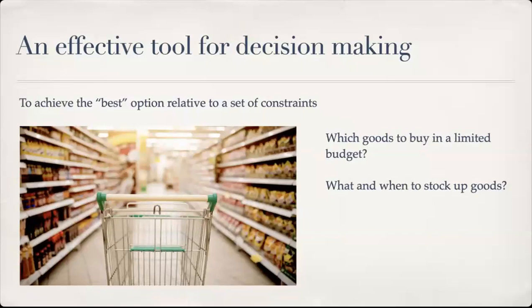To achieve the best option relative to a set of constraints, it's our optimization, right? Which goods to buy in a limited budget, okay? You have a certain amount of money in your pocket, and you want to buy goods, okay? And you have to make a decision what to buy, right?